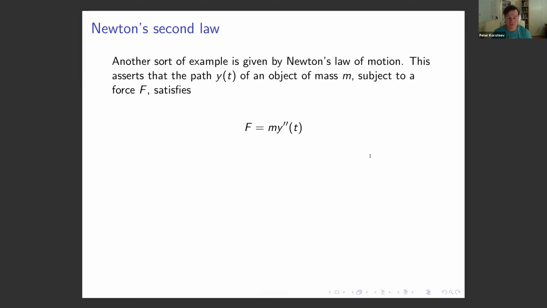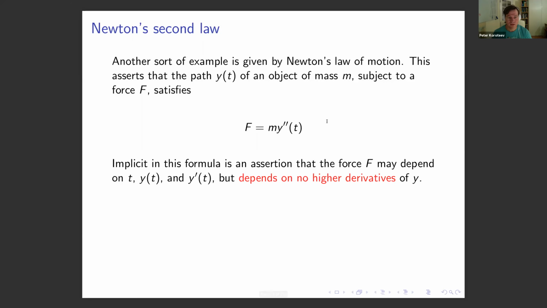So force is equal to the mass multiplied by the second derivative of y with respect to time, which, as we know from the physics course, is the acceleration of this point particle. Implicit in this formula is an assertion that the force may depend on t, y of t, and y prime of t, but it actually only depends on the second derivative.